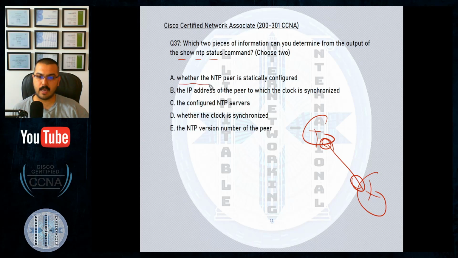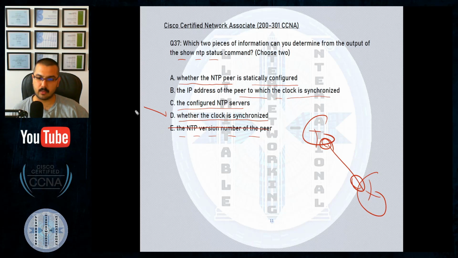So whether the NTP peer is statically configured, no, that was not in the options. The IP address of the peer with which the clock is synced, I believe it was this way. The configured servers were in the client, maybe whether this clock is synced or not, that will be correct. The NTP version number of the peer, no. So it's to choose two.